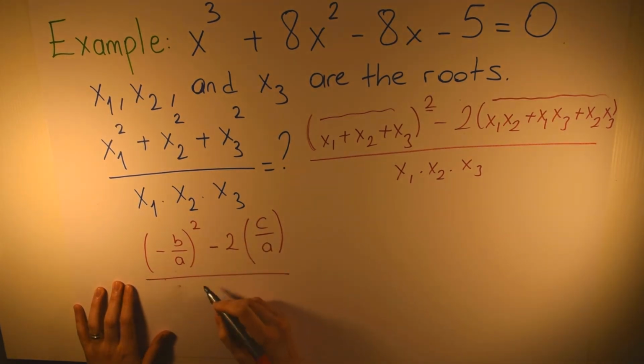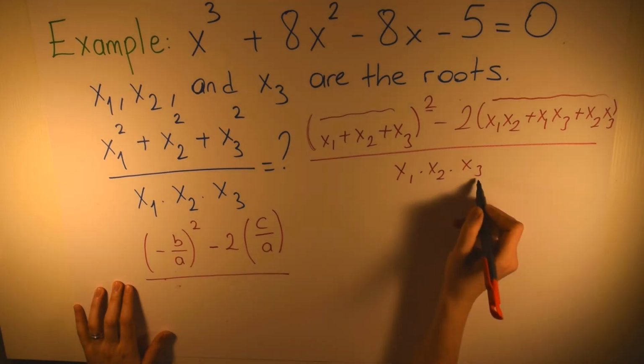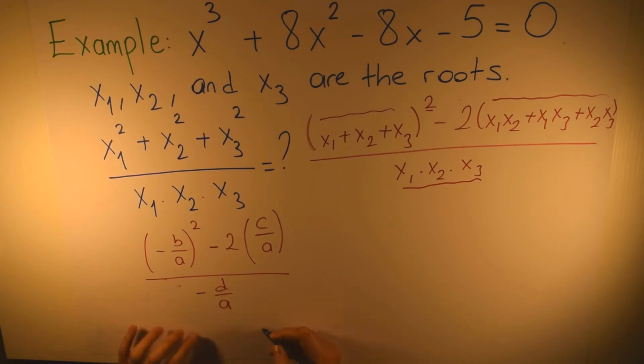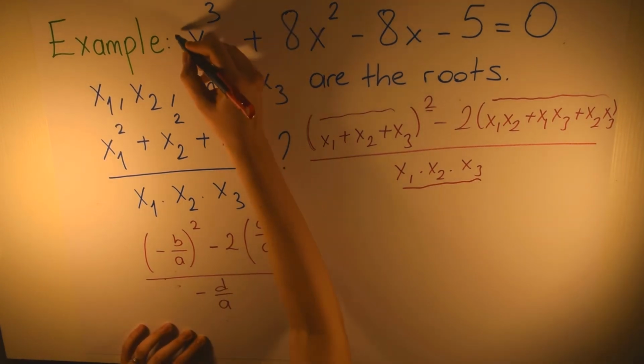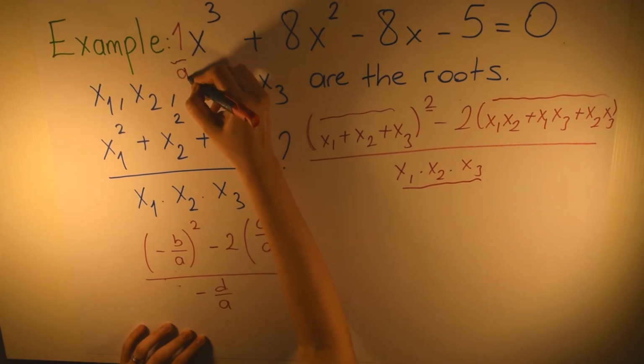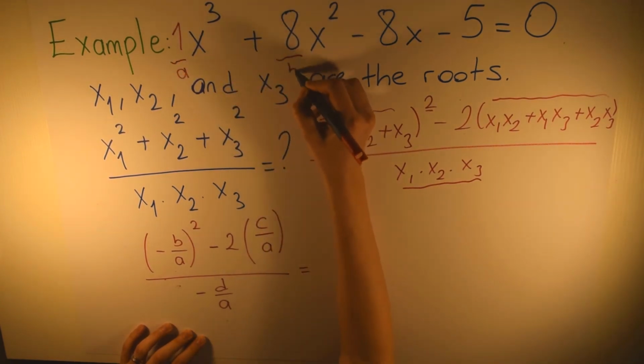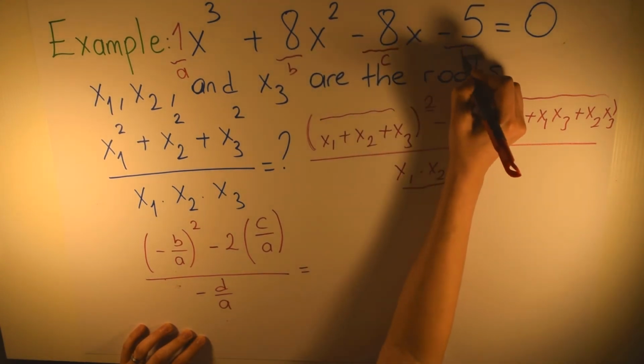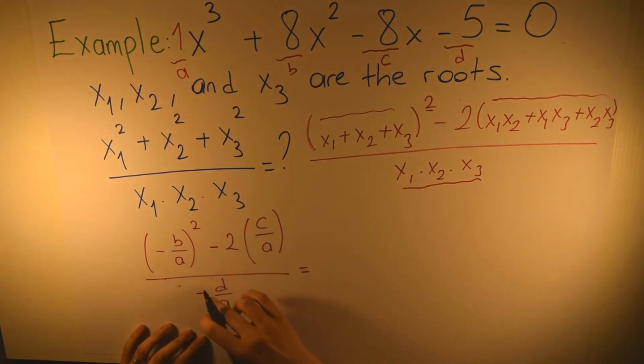And all this is divided by the product, for which our formula is minus d over a. Here 1 is the value of a, this is b, which is 8, this is c, which is minus 8, and this is d, right?